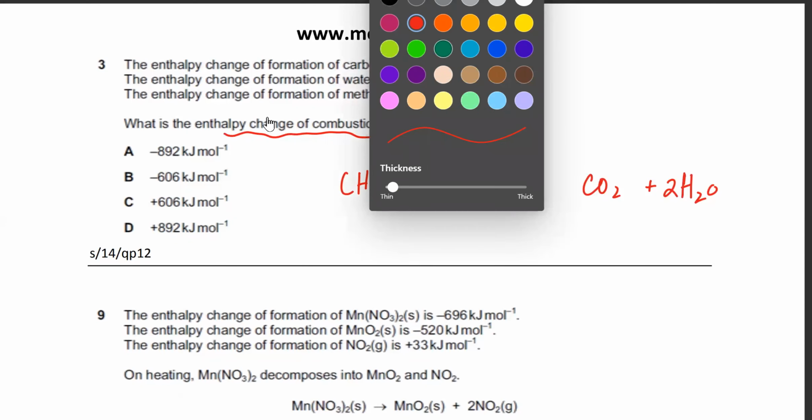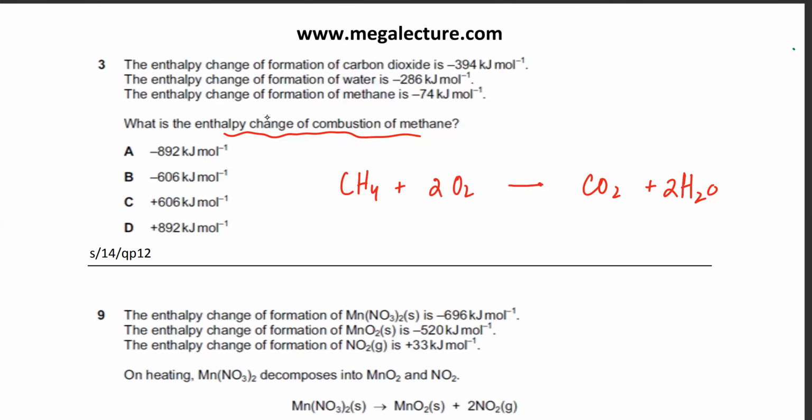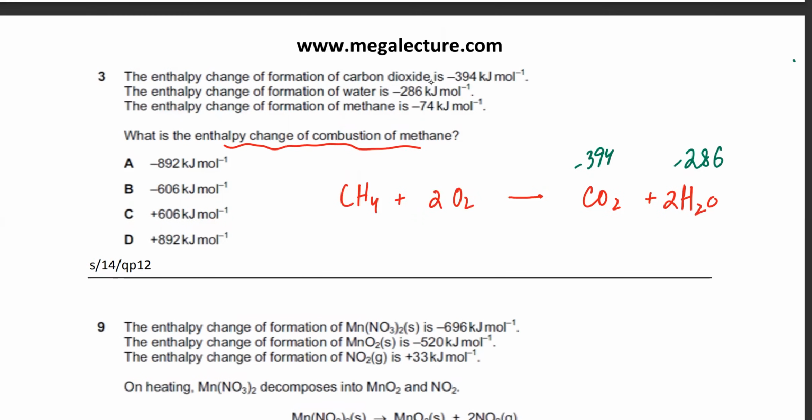Now what is given? He's given you the enthalpy of formation of carbon dioxide, that's minus 394. He's given you the enthalpy of formation of water as well, that's minus 286. And the enthalpy of formation of methane, that's minus 74. And the enthalpy of formation of oxygen is 0.